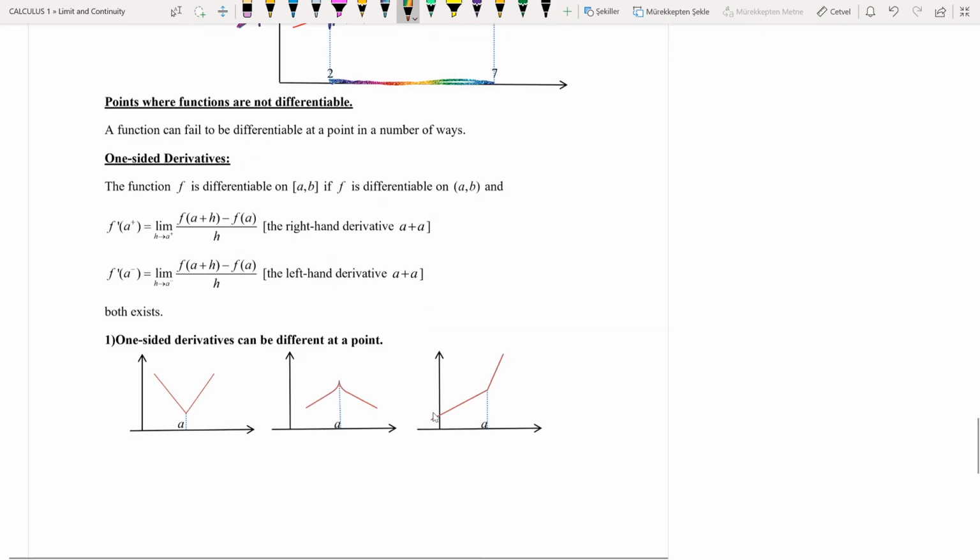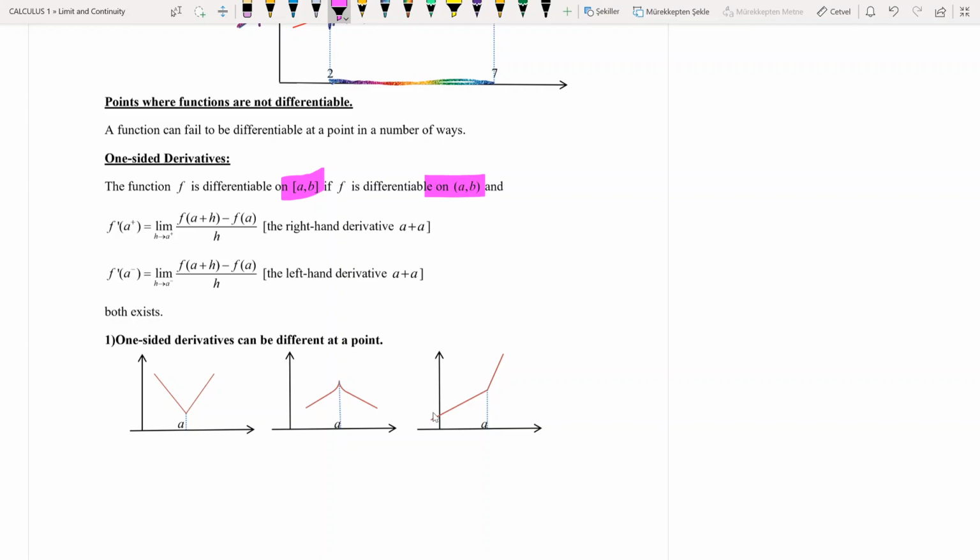So the crucial question: what are the points where functions are not differentiable? A function can fail to be differentiable at a point in a number of ways. The first way is one-sided derivatives. The function f is differentiable on the closed interval [a, b] if it is differentiable on the open interval (a, b).